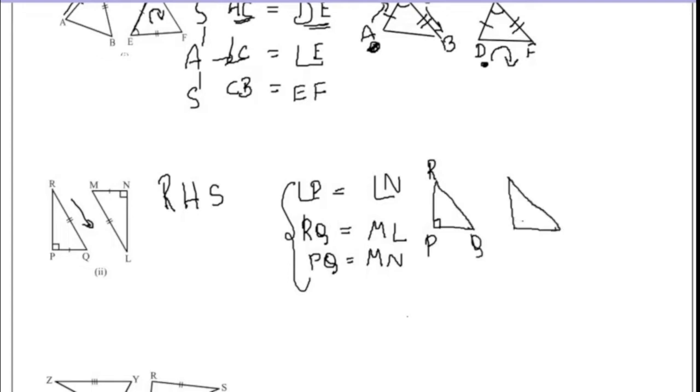Now which angle is right angle? It is N. We have N here. Now RQ is equal to ML. Now you can write LM or NL, but how do you know what to write? So let's see the next side. PQ is equal to MN, but N is already here, so let's write M here. And what is the remaining one?